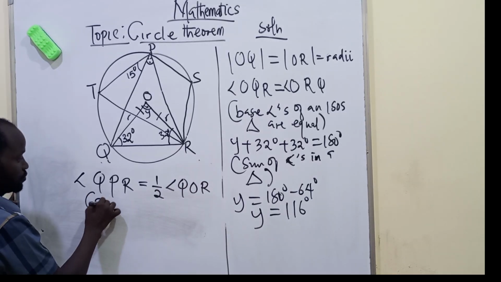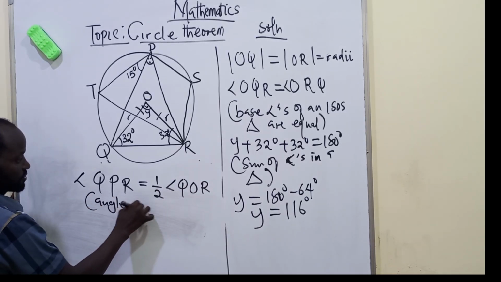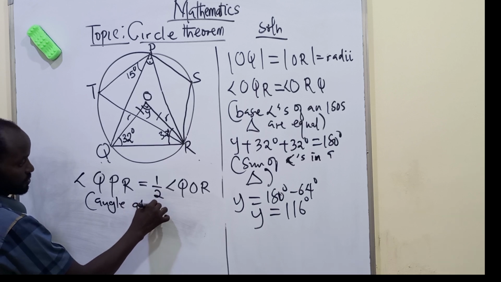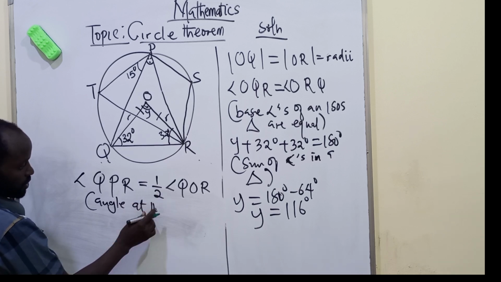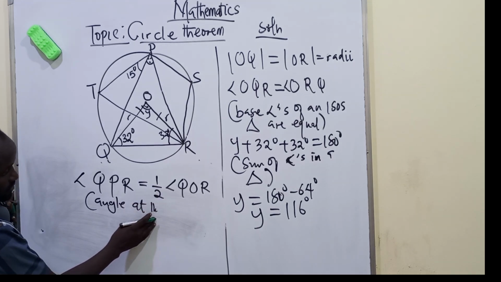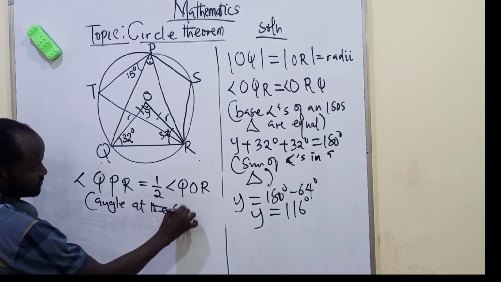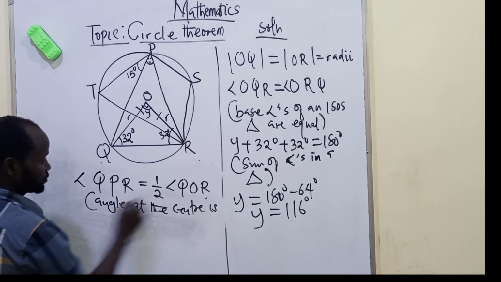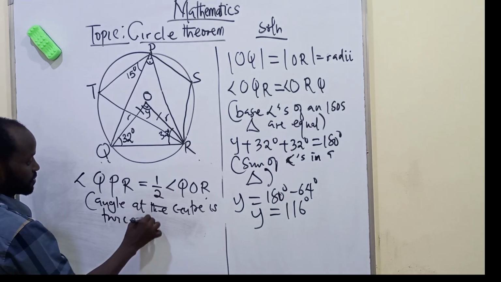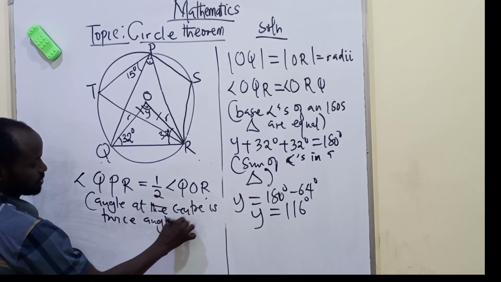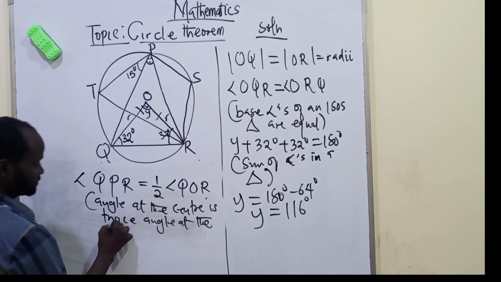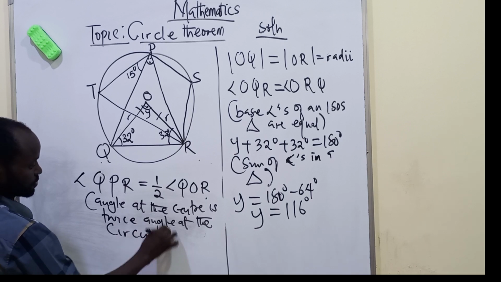The reason is angle at the center is twice the angle at the circumference of the circle.